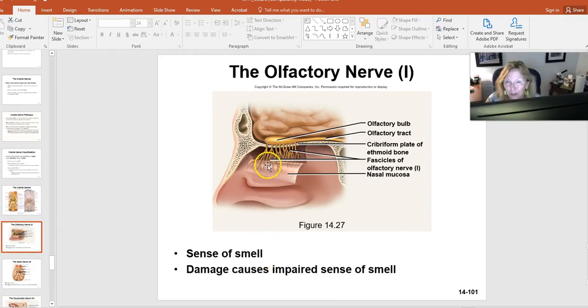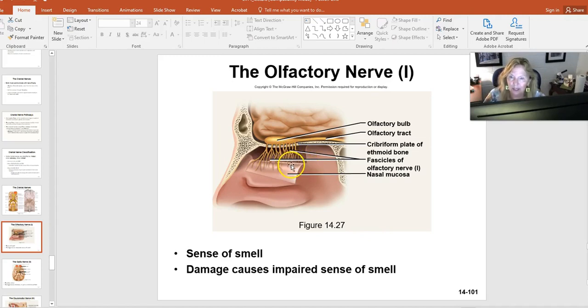So olfactory means smell. Olfactory is referring to smell. So damage to the olfactory nerve would mean that you've lost the sense of smell. As we recently saw with this pandemic and the coronavirus, SARS-CoV-2, or COVID-19, because of 2019, when this virus was first recognized, we do know it had effects on the olfactory nerve.